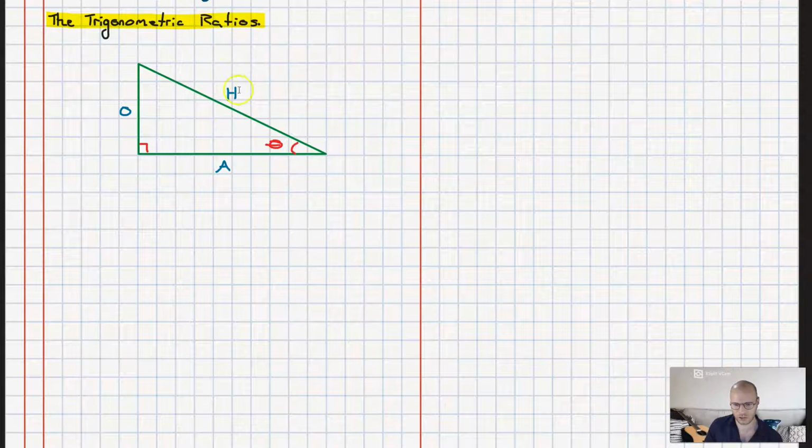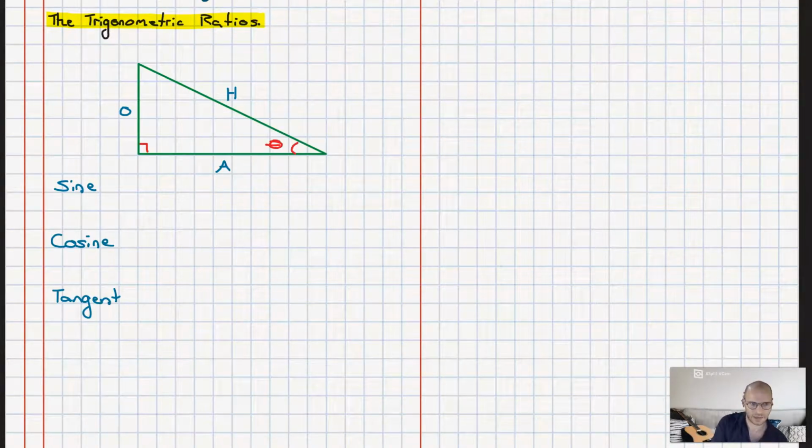The way in which we do this is we use the three trigonometric ratios defined as sine, cosine, and tangent. Now to write this mathematically, we write sine theta equals, and sine theta is defined as the ratio that the opposite makes with the hypotenuse.